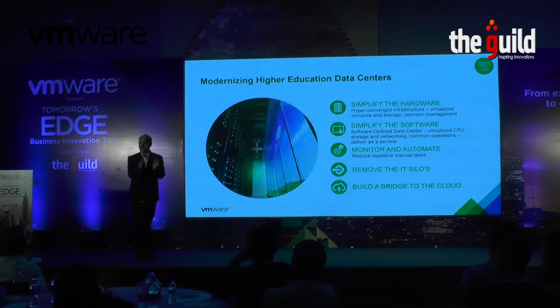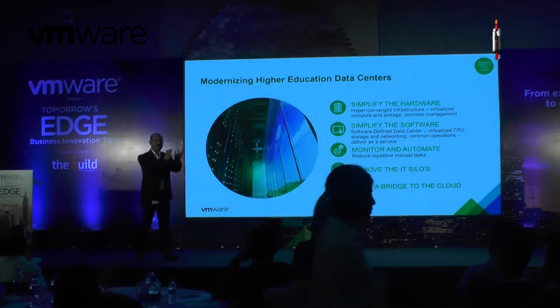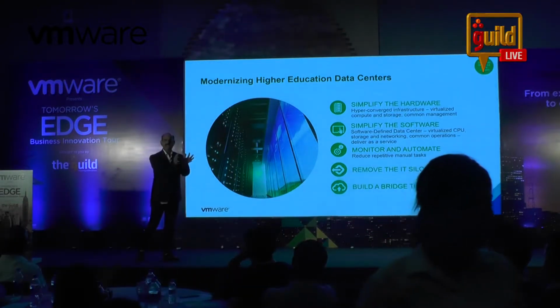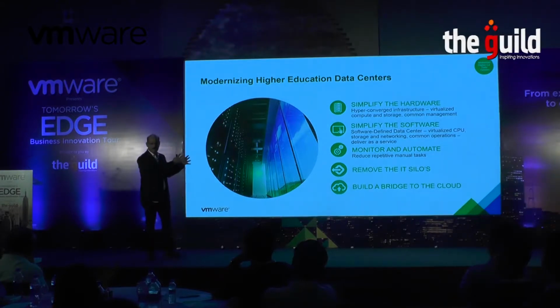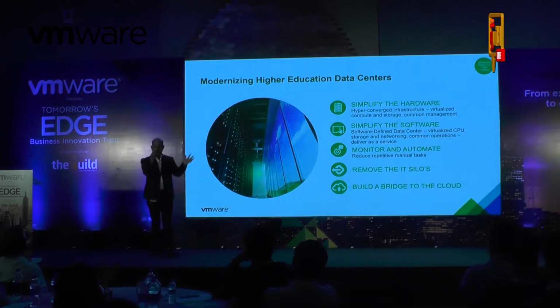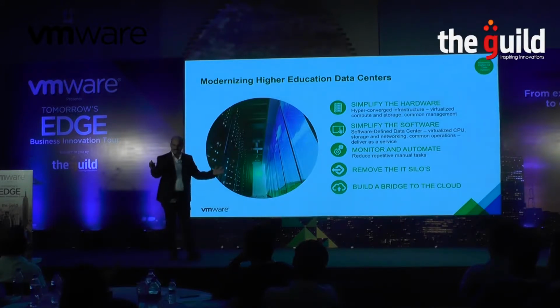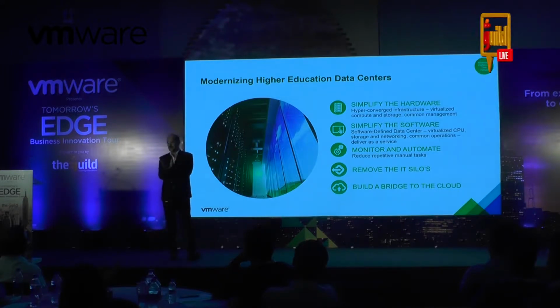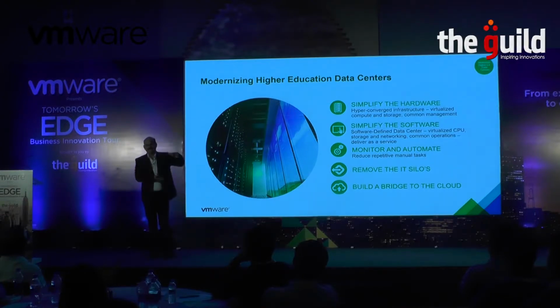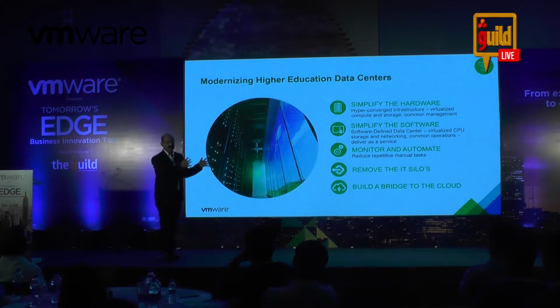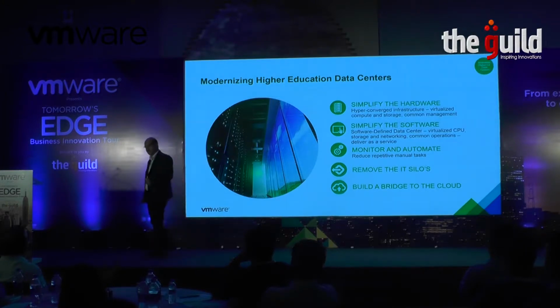Net-net, you don't require a separate storage to be managed and built. You have compute, and within that compute, you have hard disks available. All those hard disks can be pooled together and become storage. You don't really require a separate storage. That makes it easy for the data center to manage, with a single pane of glass. That's called simplifying your hardware.